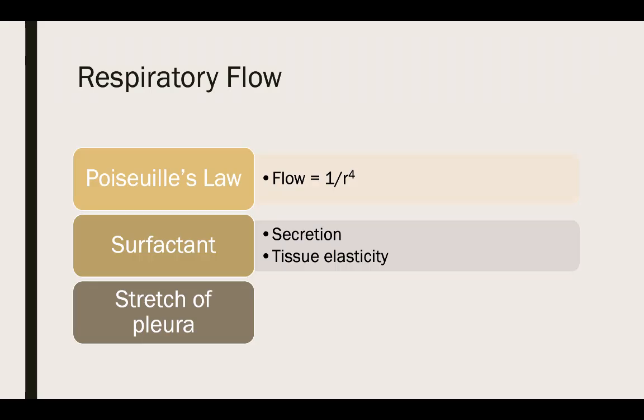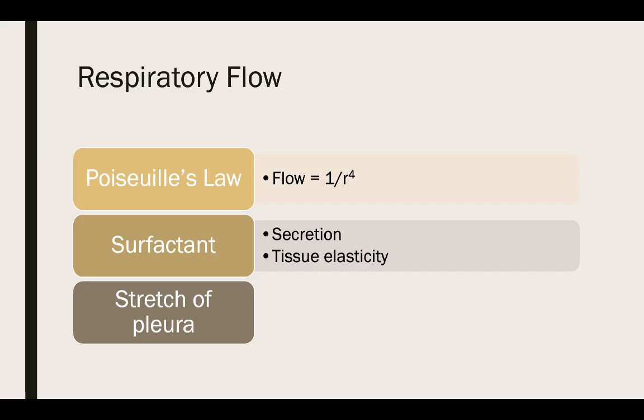One last conceptual thing for you. When we talk about respiratory flow, we think back to Poiseuille's law and thinking about how, as we increase the diameter or the radius of a tube, we can get more and more flow, a fourfold effect on that flow. So that applies to both IV catheters and our bronchi and our bronchioles.